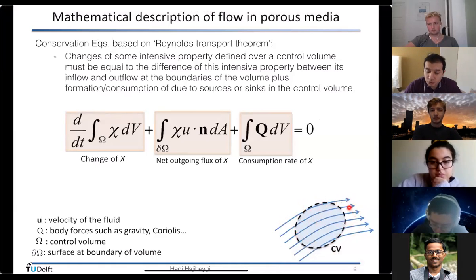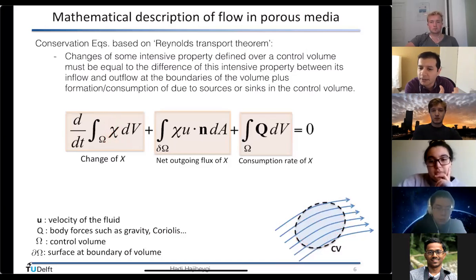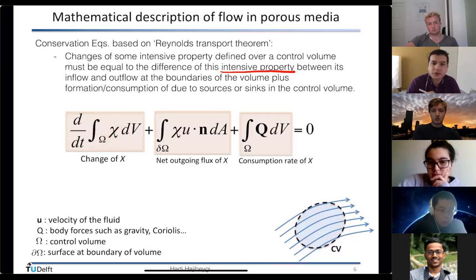I have drawn a fixed, frozen control volume. And I would like to understand mathematically if the quantity psi, or let's call it x, is conserved. If this x is conserved, how can I describe that conservation of the intensive property x?